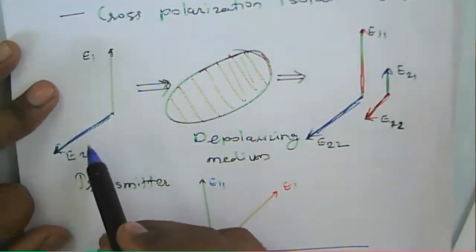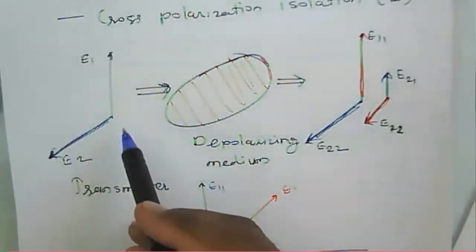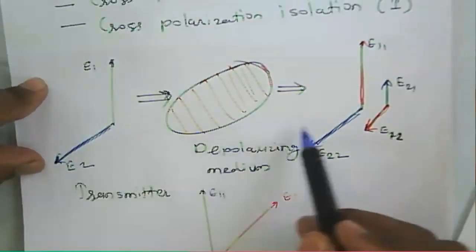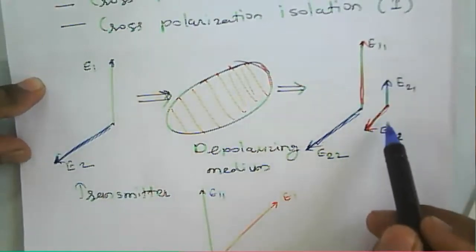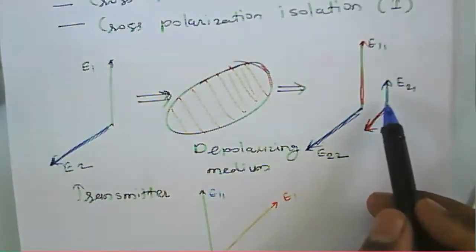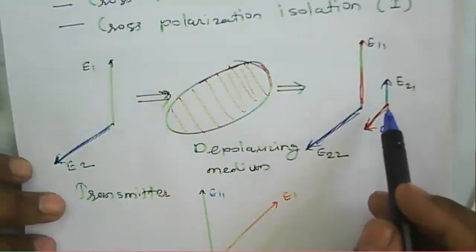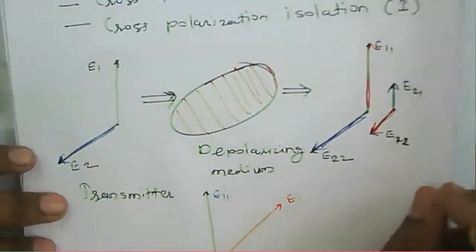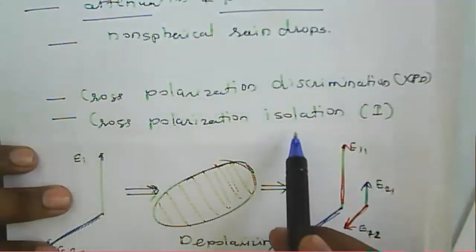Similarly, for the horizontal direction component E22, we get the desired component E22 and a cross polarized component, E21. Using the desired and undesired components, we can find the cross polarization discrimination factor and the cross polarization isolation factor.